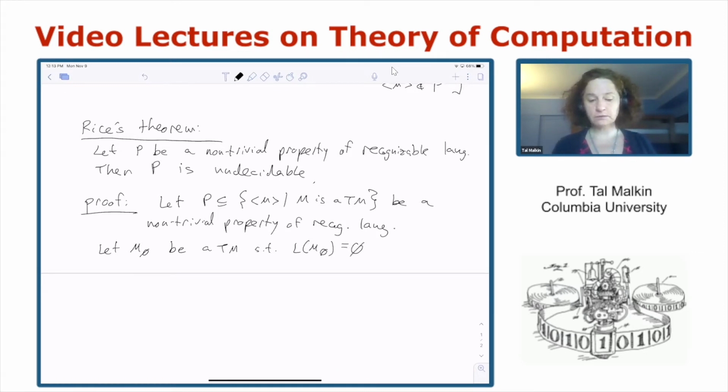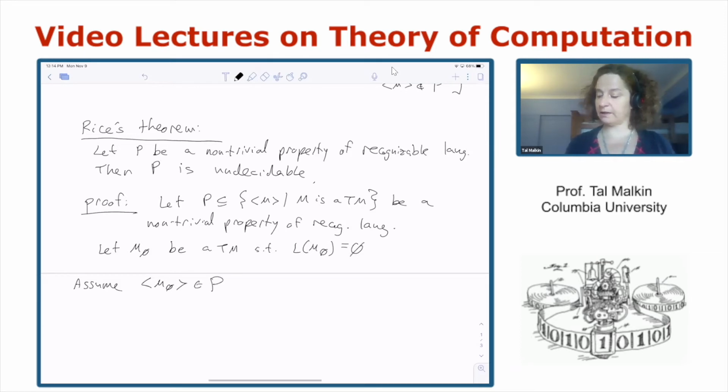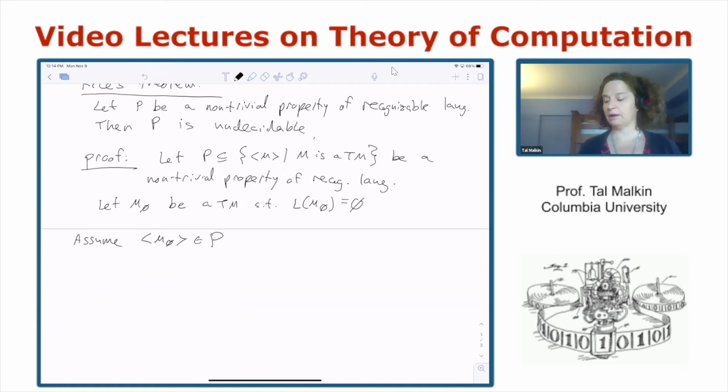Okay, so assume that this Turing machine satisfies the property. It either satisfies the property or not. Let's assume that it does, and we will prove that P is not decidable. In the case that it doesn't, otherwise, the M empty set is in the complement of P, right?